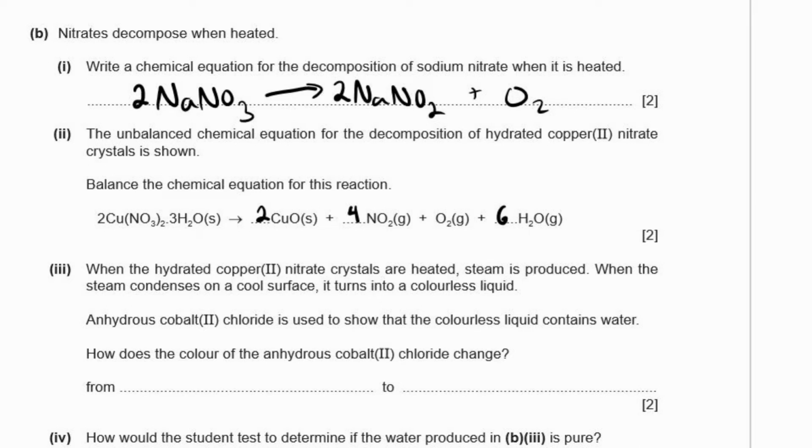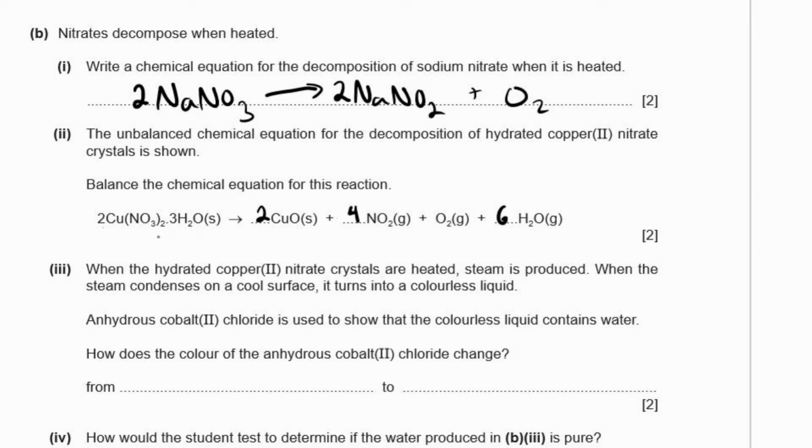Now let's check to see if that makes sense with the oxygens. We have 6 oxygens here, plus 2, that's 8, plus 8, so that's 16, plus 2, that's 18. There's 18 oxygens on the product side. On the reactant side, we have 3 times 2, that's 6, times 2, that's 12, plus 3 times 2, that's 6.